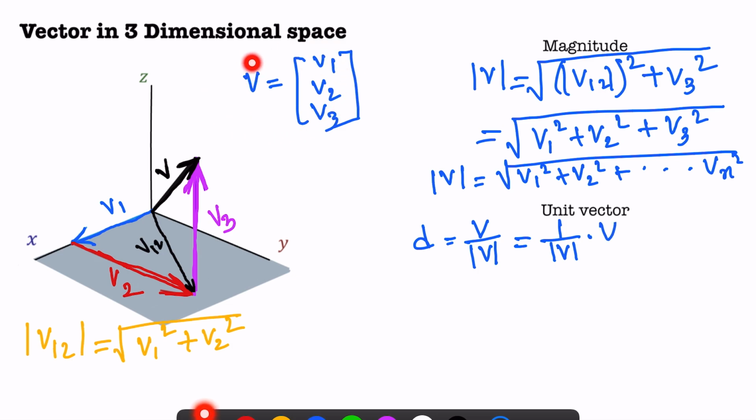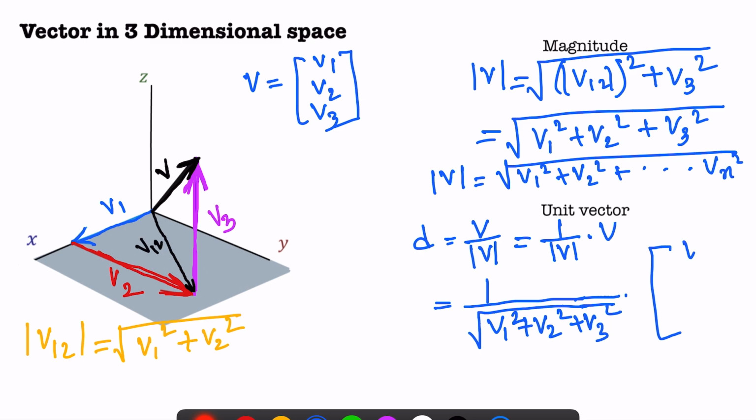Let's consider this three-dimensional vector only. The unit vector will be 1 over the square root of v1 square plus v2 square plus v3 square, multiplied by this vector (v1, v2, v3). So if we try to verify, we'll find out that the length of this vector will be 1. So this is a unit vector.